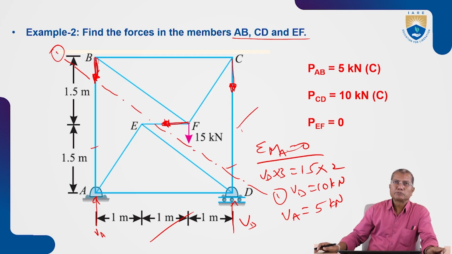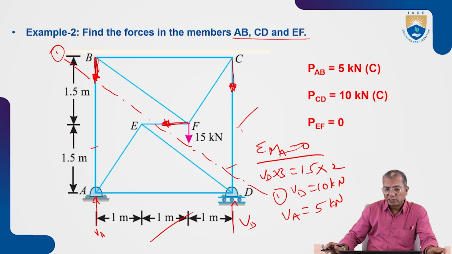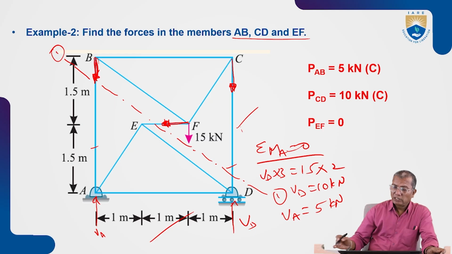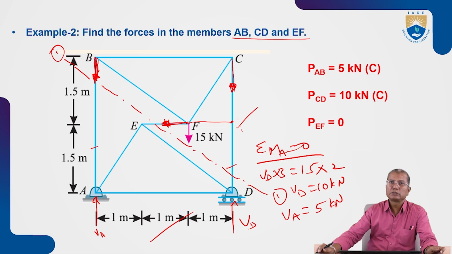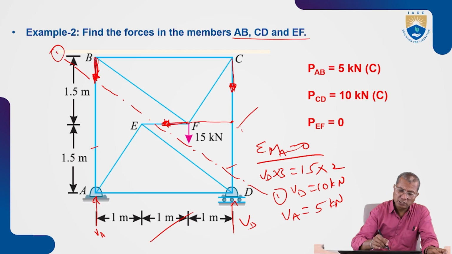We consider either the top portion or the bottom portion on one side of the section cutting plane. Then we select the point to take moments such that two of the unknowns will be eliminated.